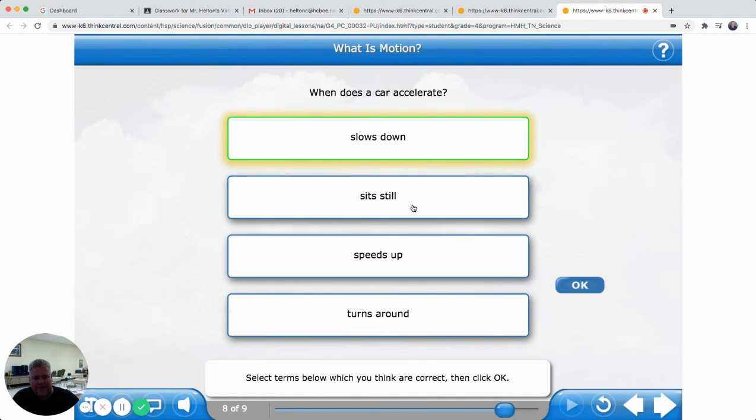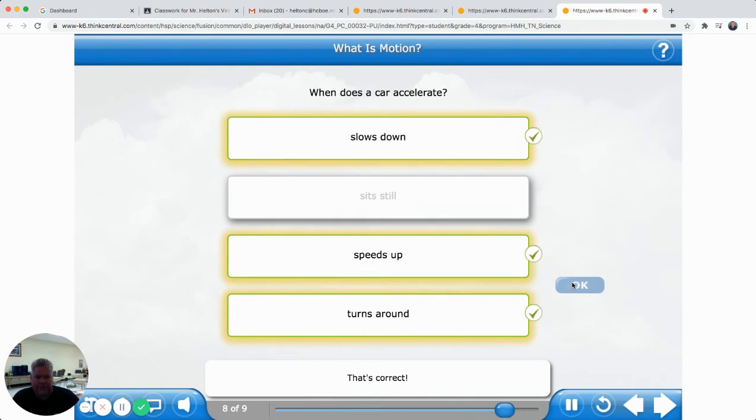Speeding up would be going faster, so it's accelerating. Turning around would be changing direction. I think it's those three. That's correct. Acceleration is a change in speed or direction, or both. Something that is sitting still is definitely not accelerating, although when you sit still, parts of your body are still in motion.